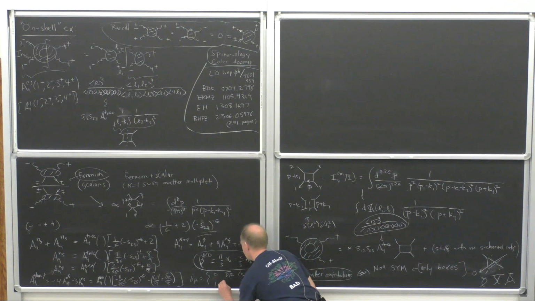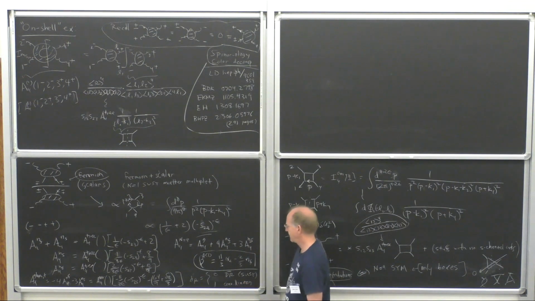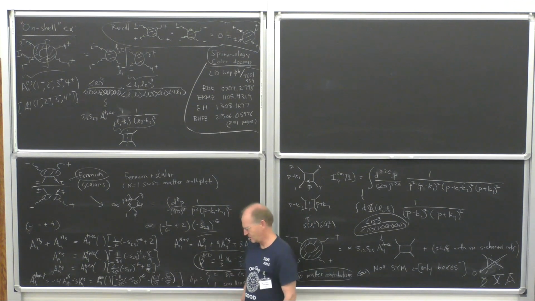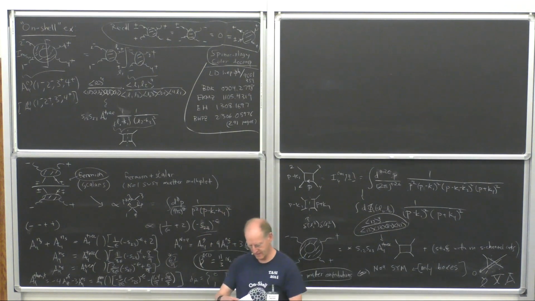But it's 1 in conventional dim reg, well, actually 't Hooft-Veltman scheme. But anyway, the 1 here gives a 67/9. And this number actually shows up in the cusp anomalous dimension.